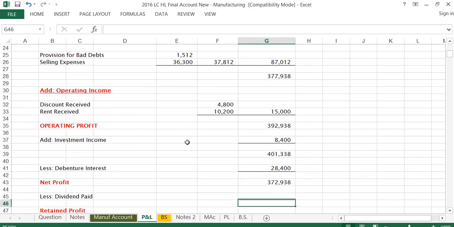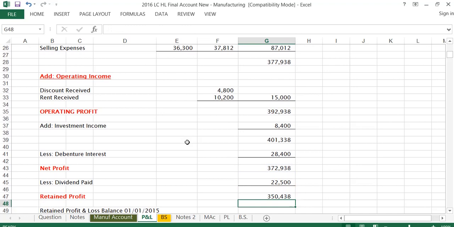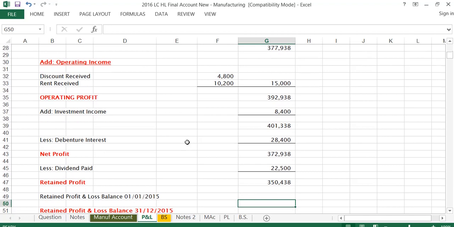Now the last thing I have to do is take away my dividends. So my dividends are from the trial balance. Dividends paid are 22,500. So 372,938 minus 22,500 is 350,438. That's my retained profit for the year.